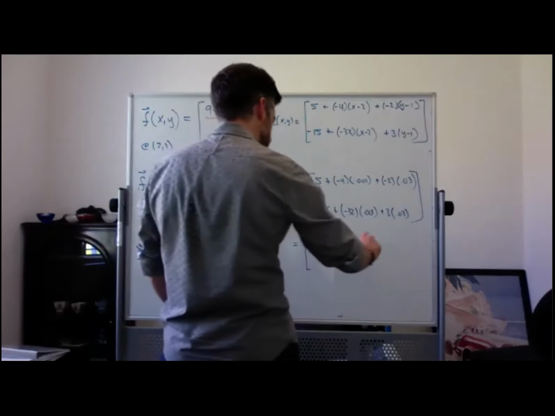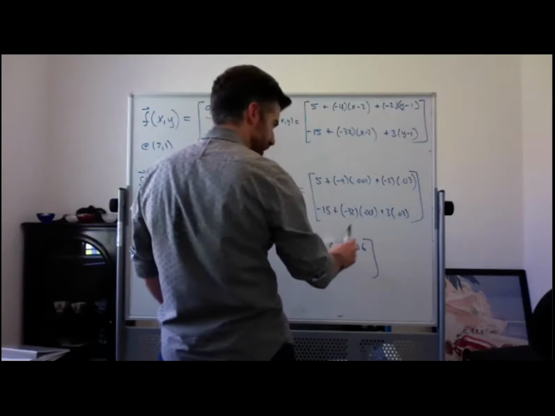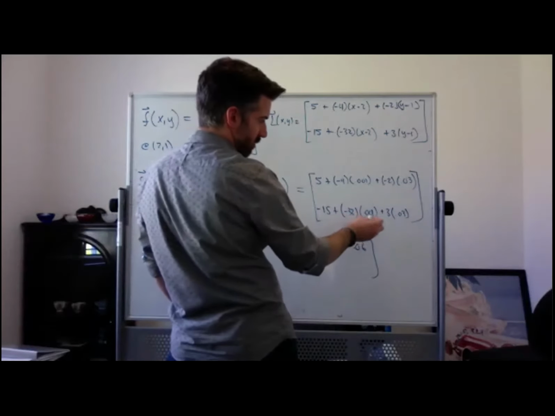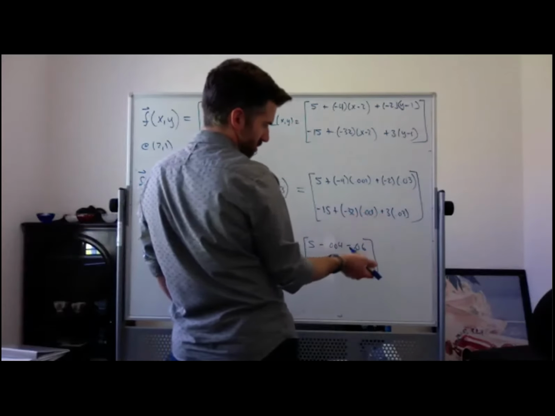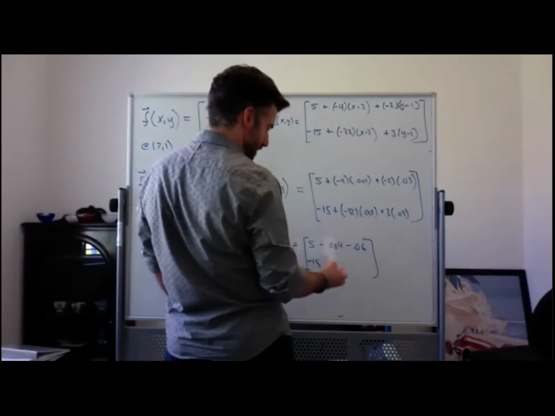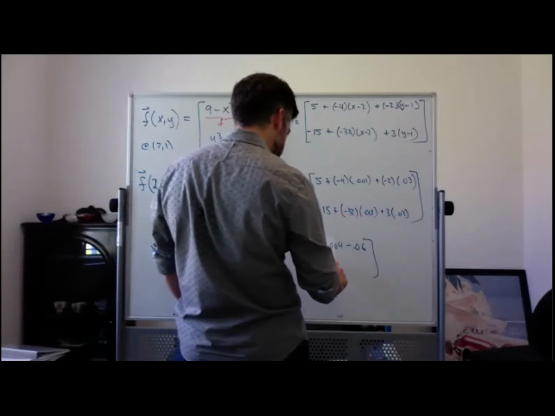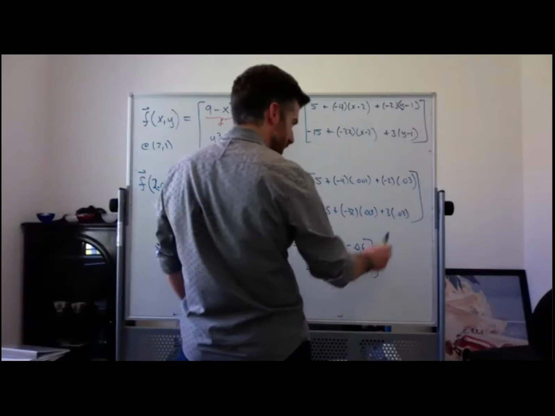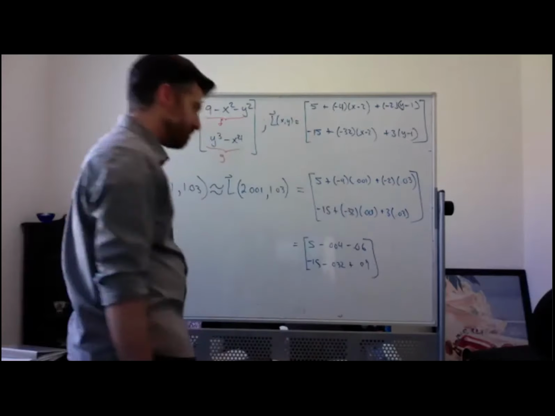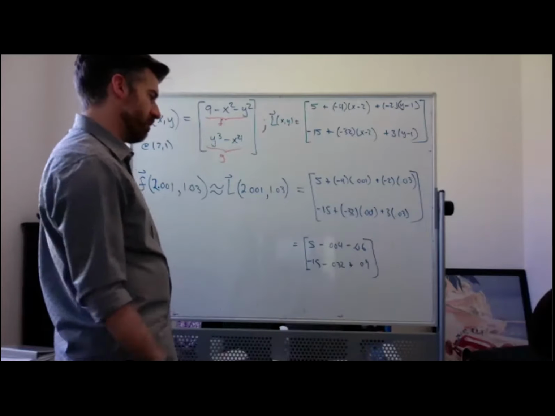Down here it's going to be negative 15, negative 32 times 0.001, that's just going to move the decimal over 3 spots, so it's going to be negative 0.032, and then plus 0.09.